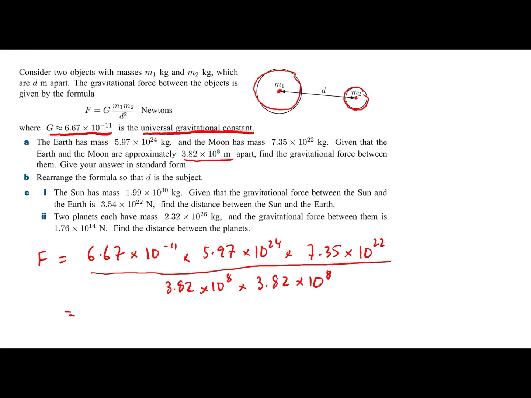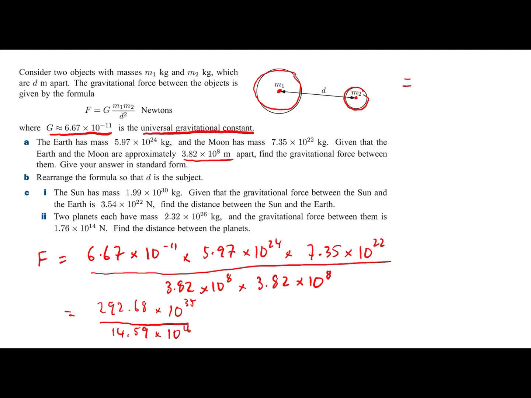So there's 6.67 times 5.97 times 7.35 equals 292.68, 2 decimal places, times 10 to the power of, all we need to do is add up the indices, 24 plus 22 minus 11 to the power of 35, divided by 3.82 squared is 14.59 times 10 to the power of 16.